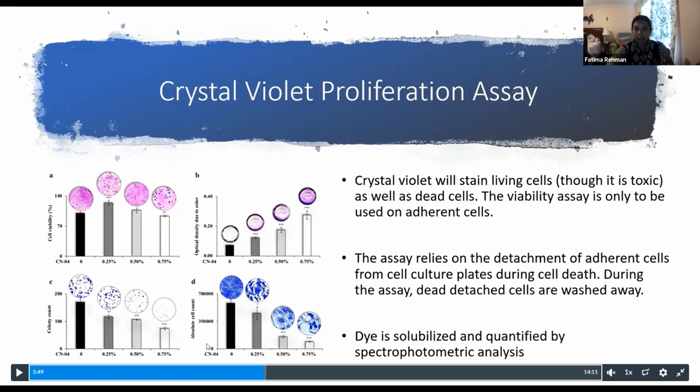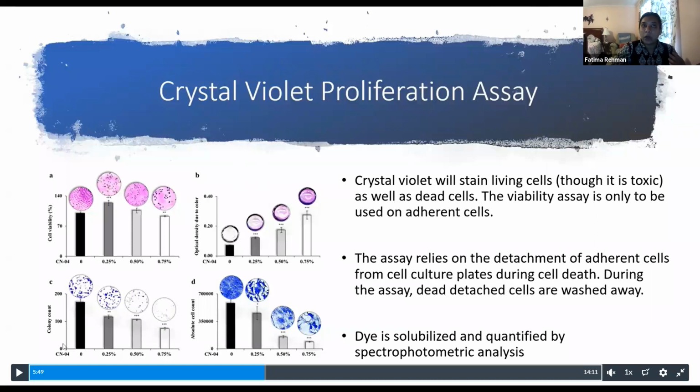It's a jelly-like medium on the bottom of the plates, so they don't have a place to attach to. In that case, they grow in little balls instead of growing in a flat sheet as you typically see. Each ball is considered a colony. Normal cells are not going to be able to make those colonies; they will just die out in that agar. But cancer cells will make colonies.